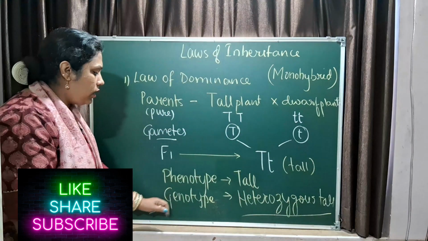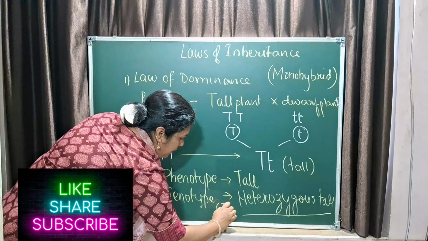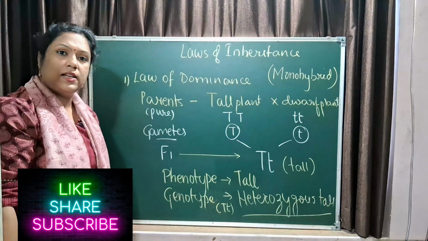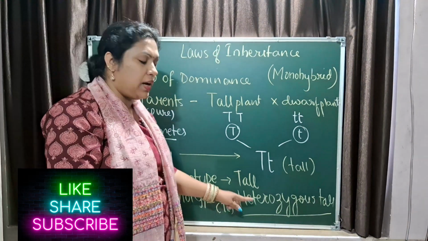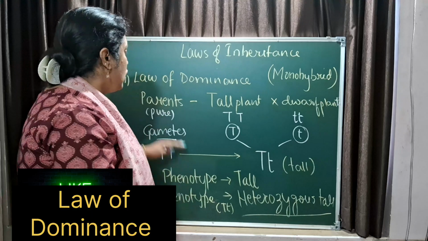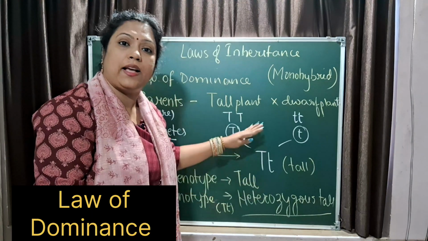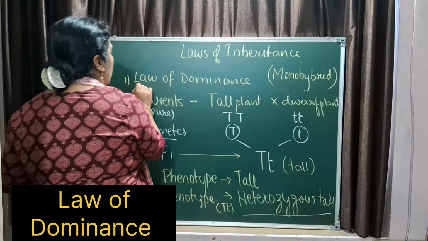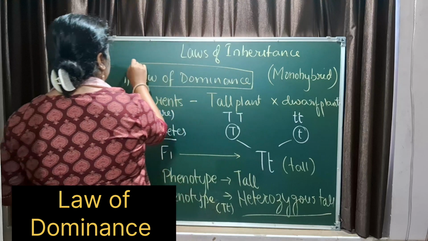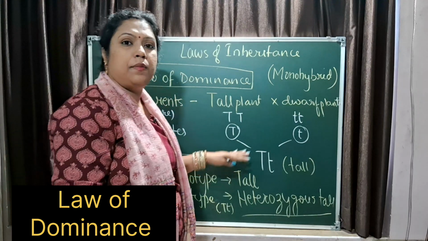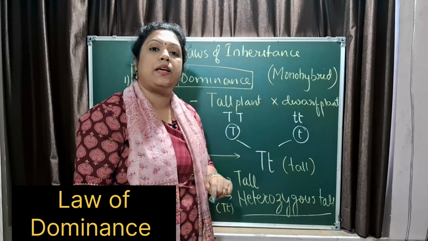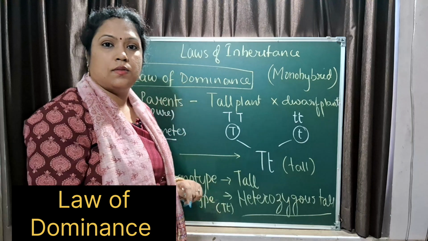So the genotype you can see is capital T, small t. That is the genetic composition, and the genotype will be a heterozygous tall plant. So this F1 generation explains the law of dominance.